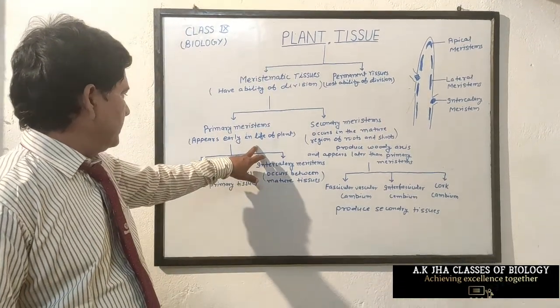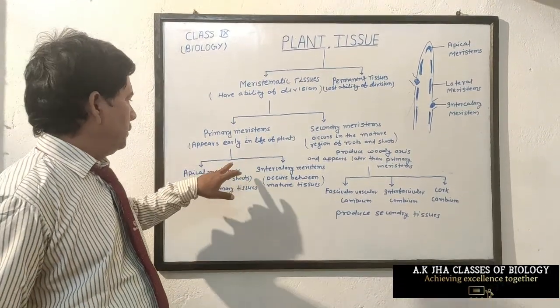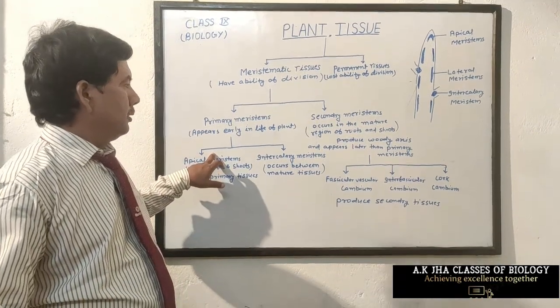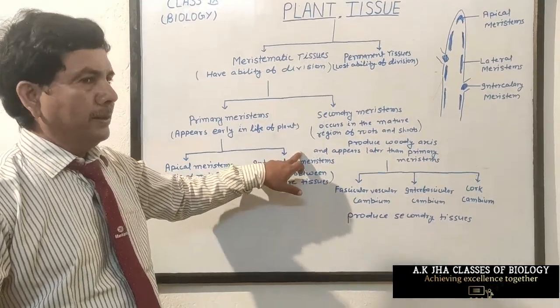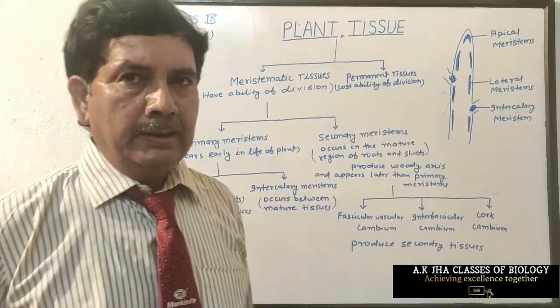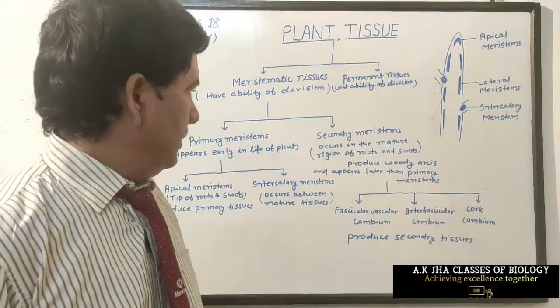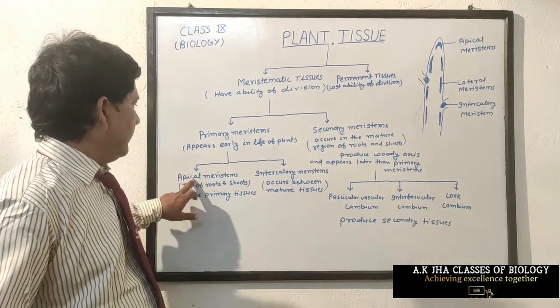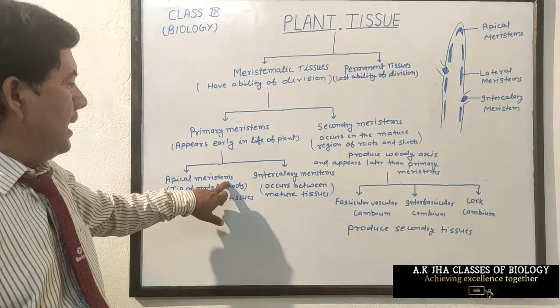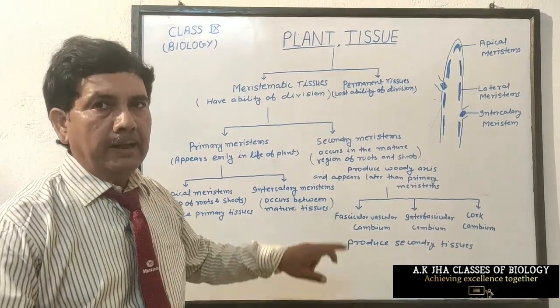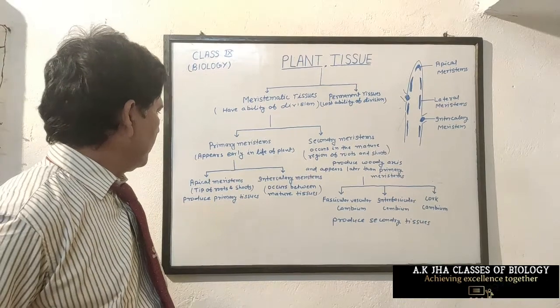This primary meristem is of two types on the basis of location and their appearance in the plant life. First, apical meristem and second is intercalary meristem.